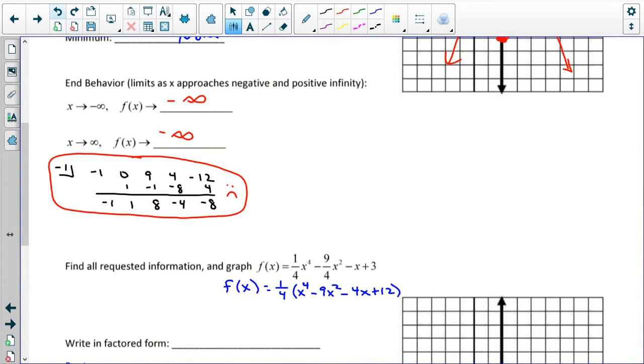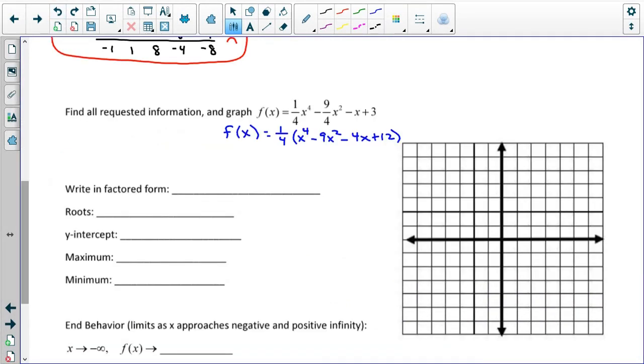So because those look really, really similar, what I'm going to do is assume it factors into the exact same things that the previous problem factored into. And I hope I'm going to be right on that. So the leading term that I factor out is now 1/4, but it's not -1.